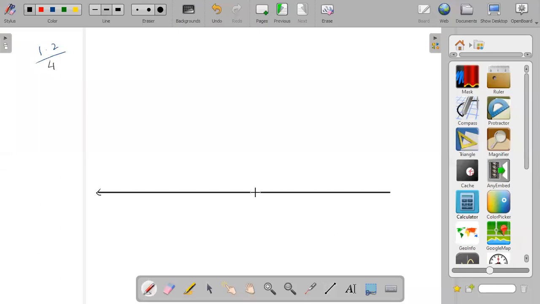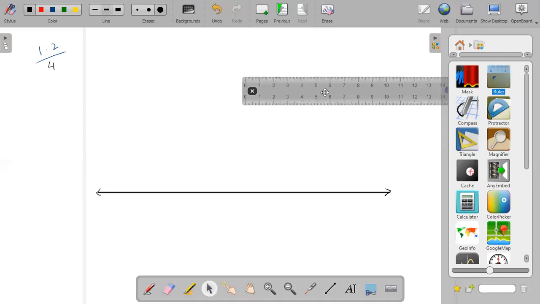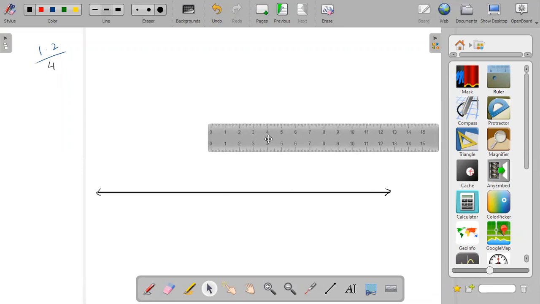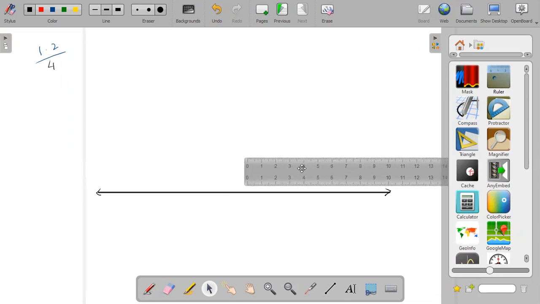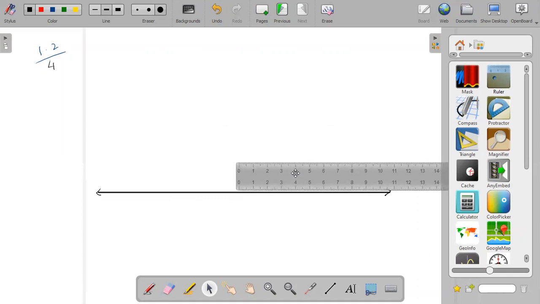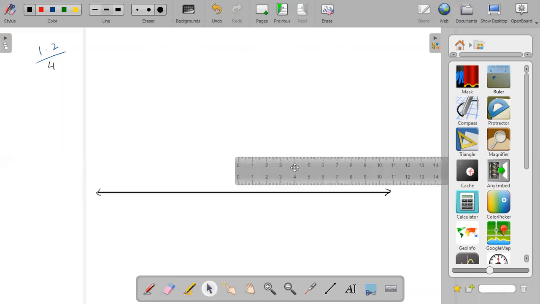So this is a number line. But as I told you, we can choose the distance. It is up to us whether we take 3 or 4 as 1. So here I think it's very small if we take 1 centimeter.